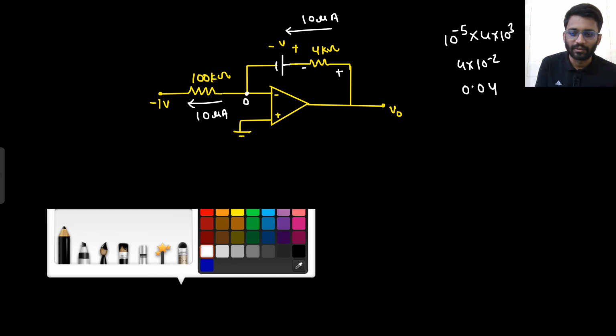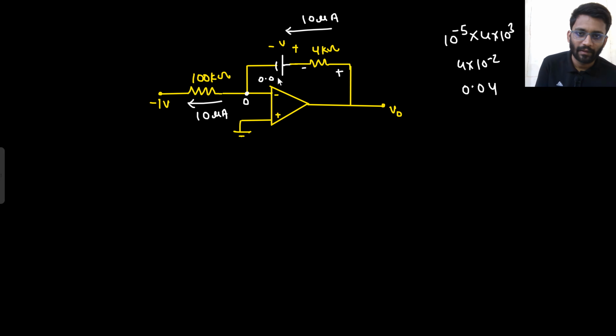Let's write 0.06 somewhere here. So this voltage drop will be 0.04 volt. This was 0, the diode was turning on and becoming a battery of 0.06. Now 10 microampere current is flowing through the 4 kilo ohm resistance, so 10 to the power minus 5 into 4 into 10 to the power 3, which is 4 into 10 to the power minus 2, that is 0.04.